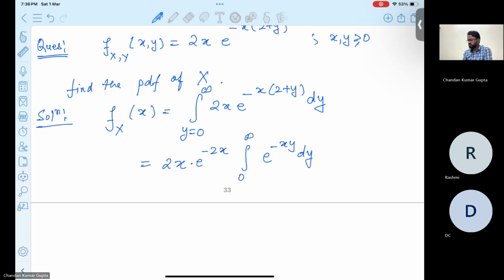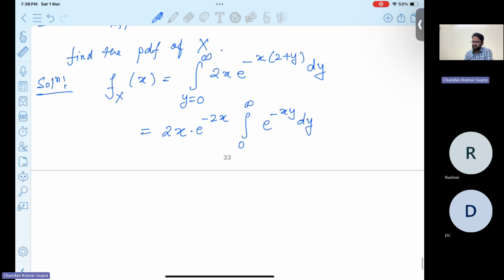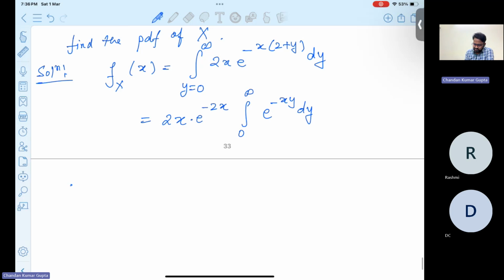Here x is treated as a constant. If you know, the integral over 0 to infinity of e to the power minus ax dx is nothing but 1 by a, where a is greater than 0.